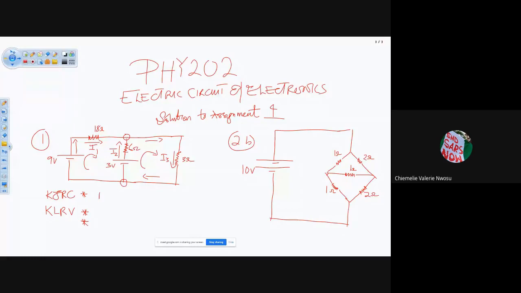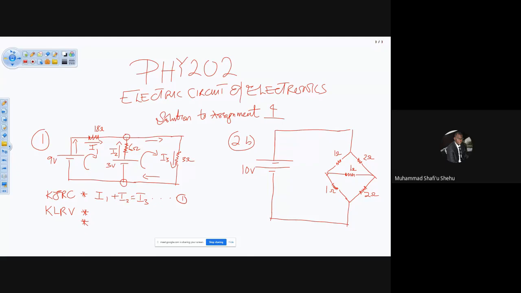I1 and I2 are coming in, I3 is leaving. Good. So we have I1 plus I2 equal to I3. This is our equation 1. And then we're done with the current law.